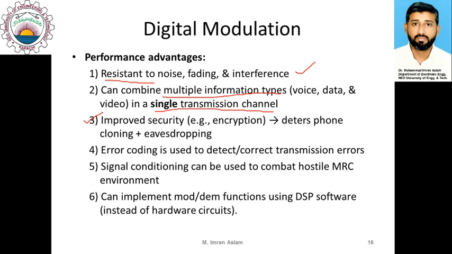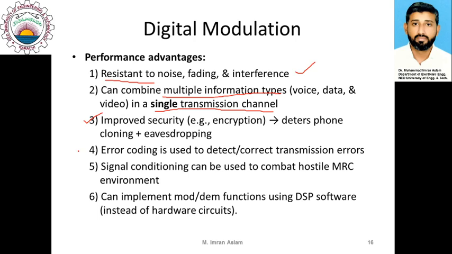So these security features in digital information represent a better performance in terms of information security, so that your information does not go to any unwanted recipient, or any unwanted recipient cannot access your information.